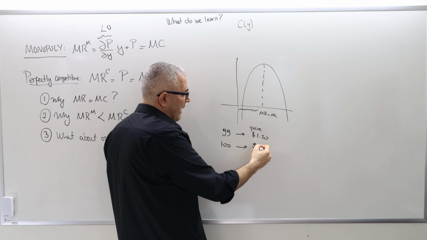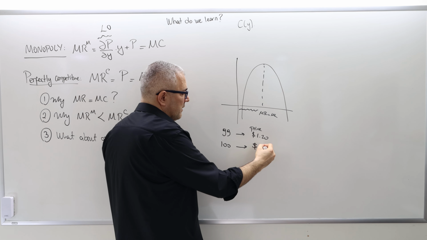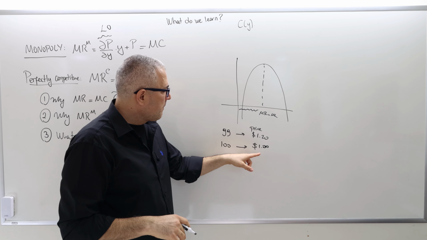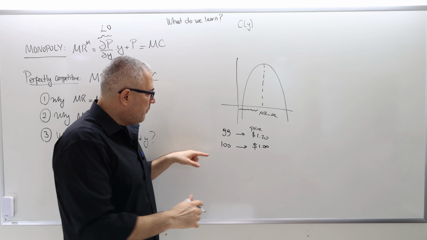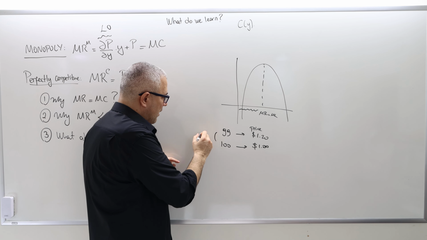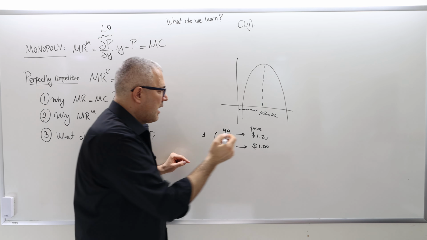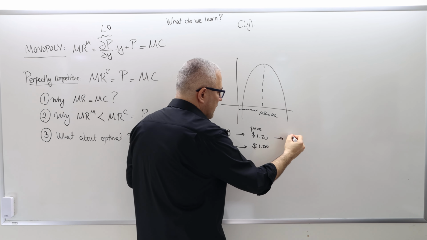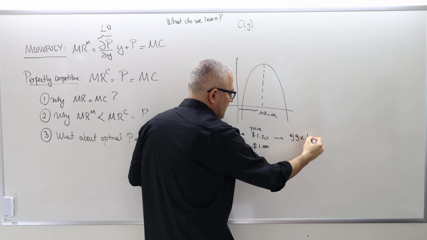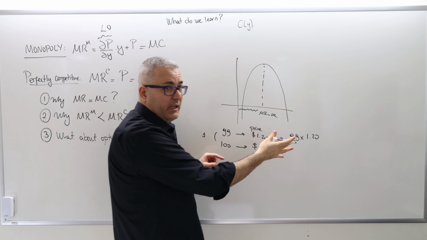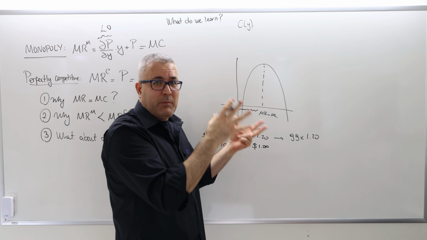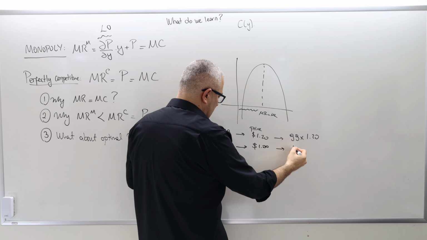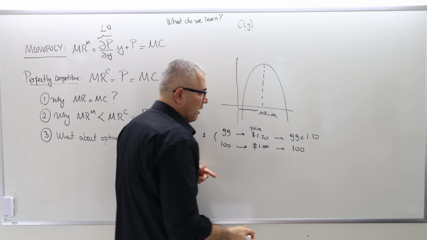Let's say, again, it's $1. This is just a numerical example to make my point. So here I'm going to be making 99 times $1.20, and here I'm going to be making 100 times $1.